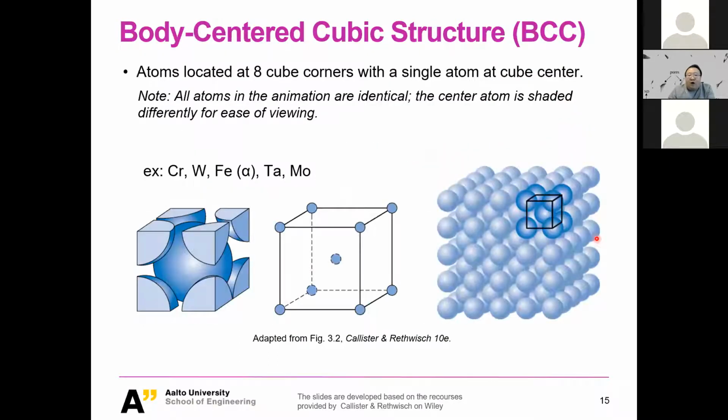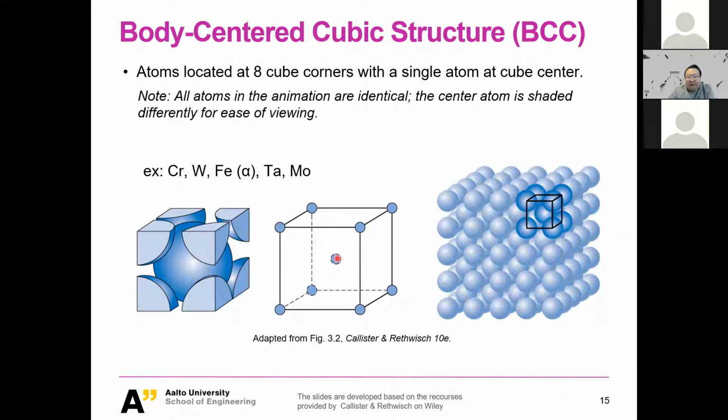Now I'm going to move forward to the second cubic crystal structure. That is the body-centered cubic crystal structure, so-called BCC. And actually, with the knowledge you already have on simple cubic, this is rather simple, because it's nothing but adding one central atom to your simple cubic structure. You can visualize it by the hard sphere model here, or this kind of lattice model.